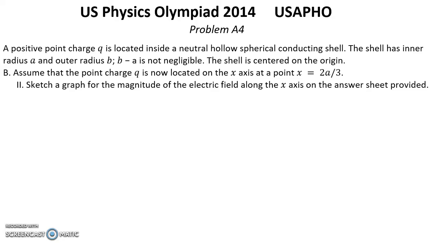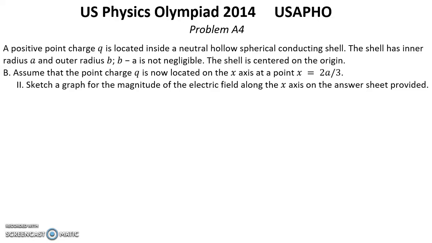One can find the field for r less than a exactly using the method of image charges. For r less than a, the shielding charges on the inner surface produce the exact same field as a single point charge would.